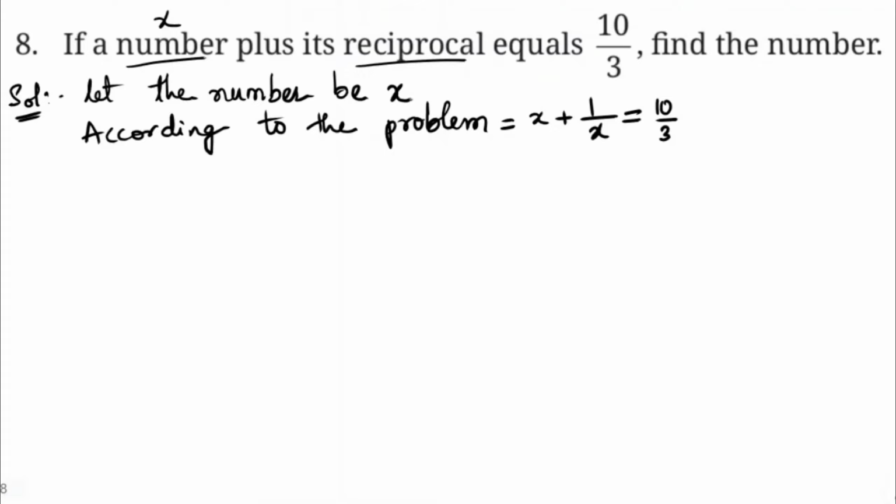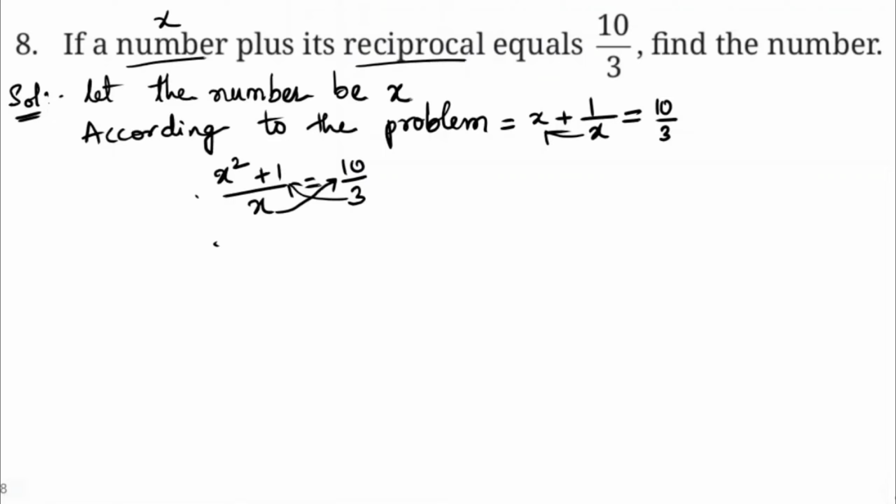So here we can see that there is x in the denominator. Let us multiply this with x. We will get x into x, x square, plus 1 is equal to 10 upon 3. Here we can multiply this numerator with 3 and this 10 with x.